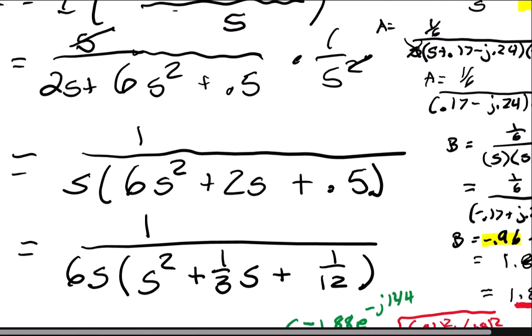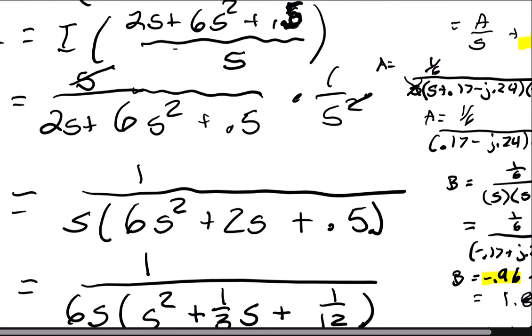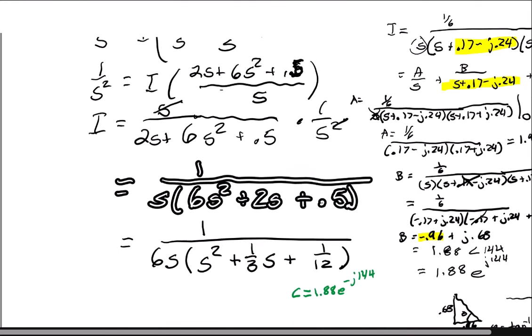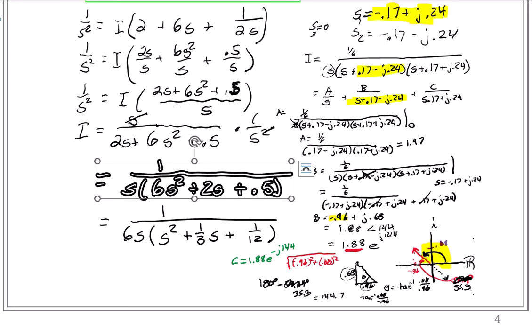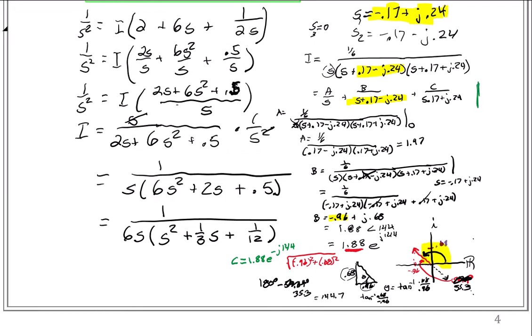Okay, so now to get back to the reason we were doing all this: getting partial fractions. So we rewrote this, and we have partial fractions, and so we can rewrite I in terms of three fractions here that we can then take the inverse Laplace transform of.